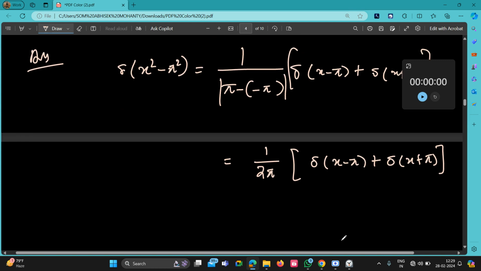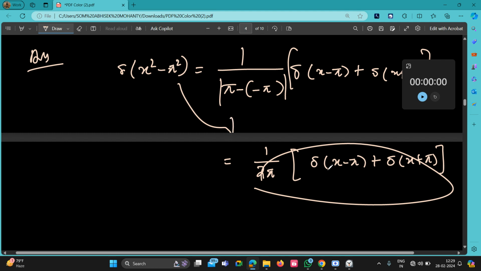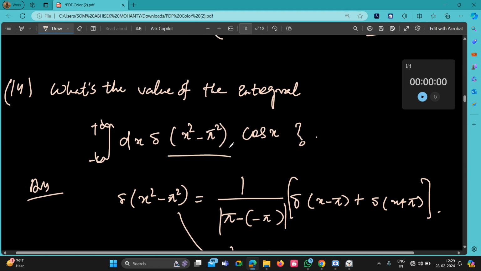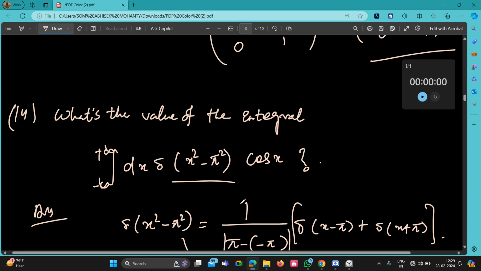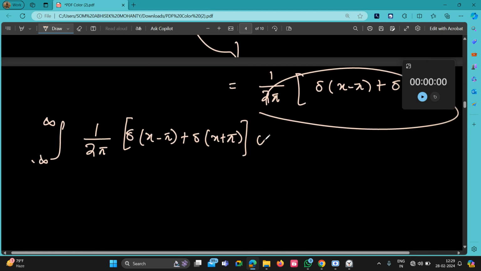So if you see, this is just the properties, using the properties, I will directly put it here. So integration minus infinity to infinity, 1 by 2 pi, delta x minus pi plus delta x plus pi, and that will be cos x dx.